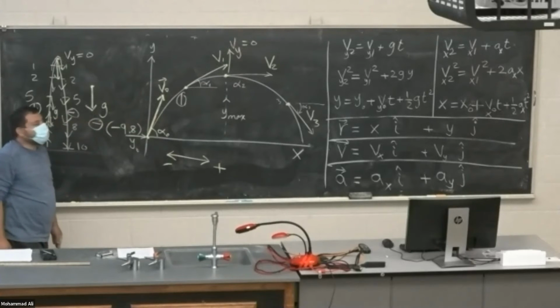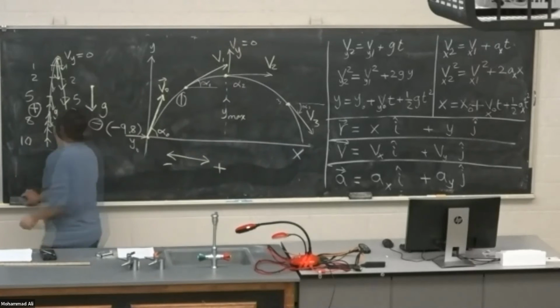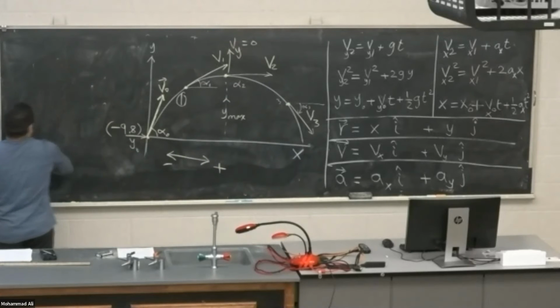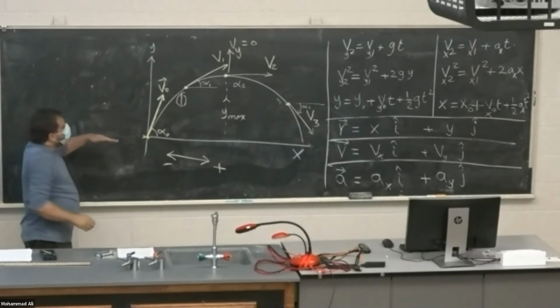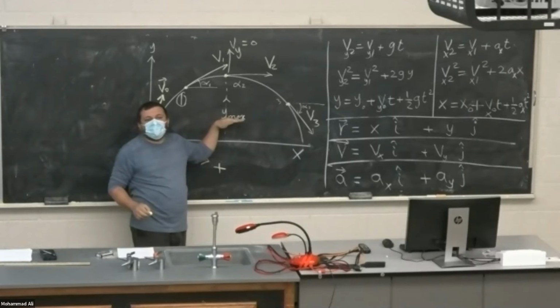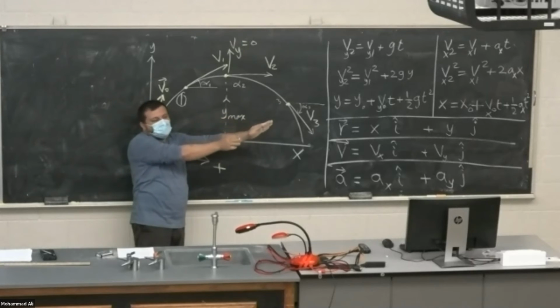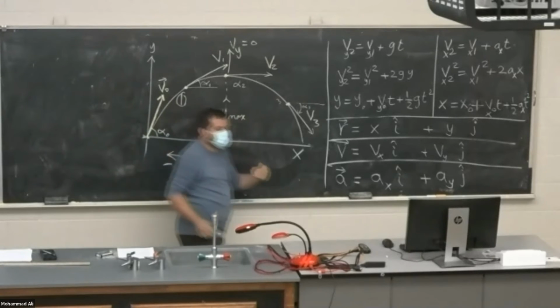What about x? We don't have any friction force. We don't have any force that will increase the velocity in x direction. Also, we don't have any force that will decrease the velocity in x direction.